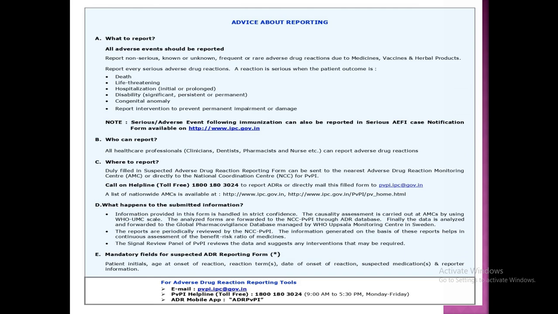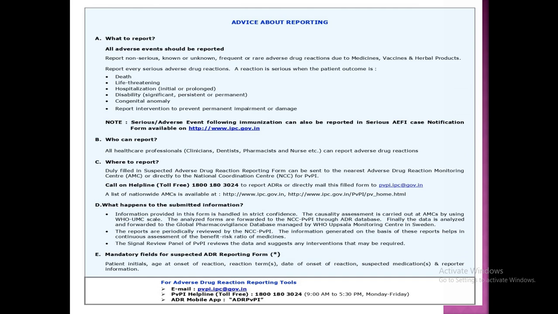Or there is a helpline. We can call the toll free number 1800-180-3024 to report ADRs, or directly mail the filled form to pvpi.ipc@gov.in. A list of nationwide AMCs is available at http://www.ipc.gov.in. So there we can find a list of nationwide AMCs where we can report the ADR.